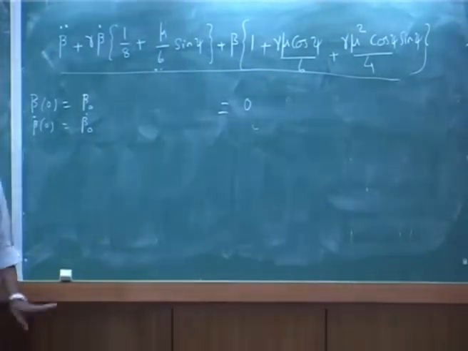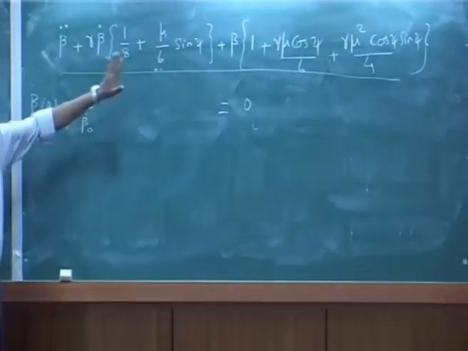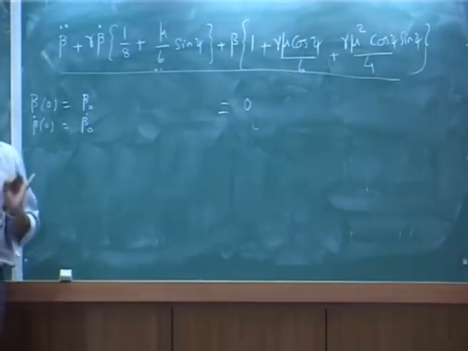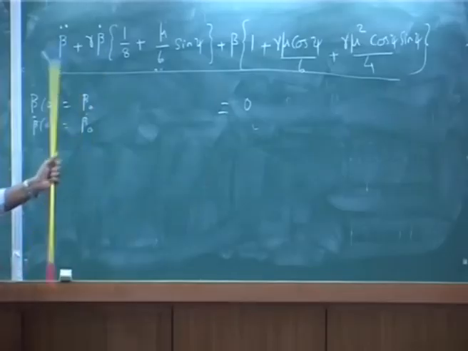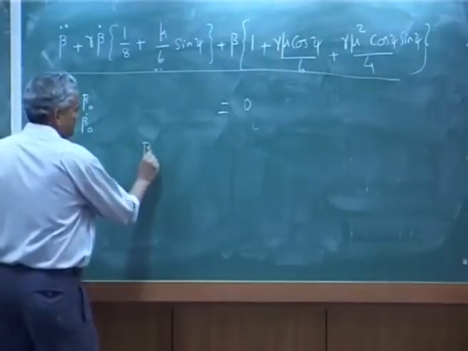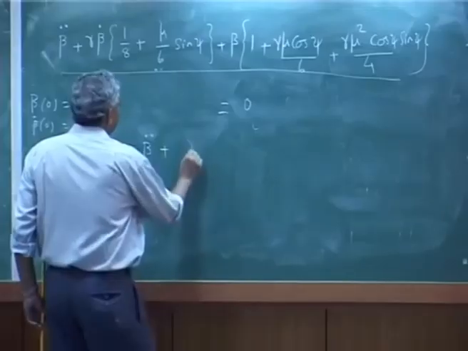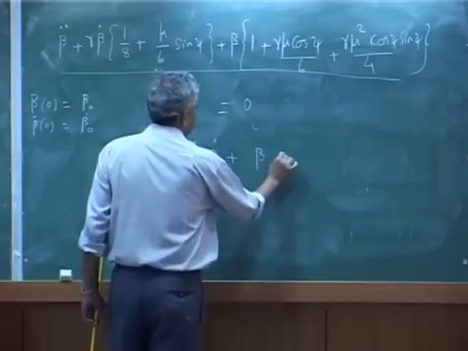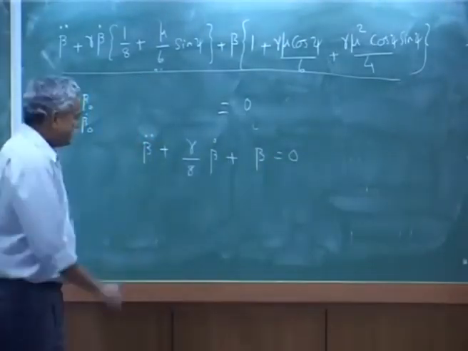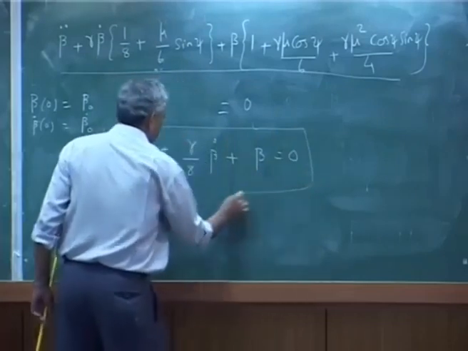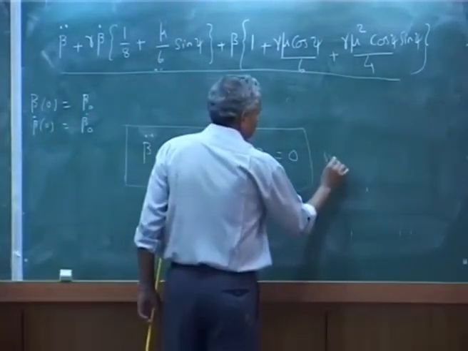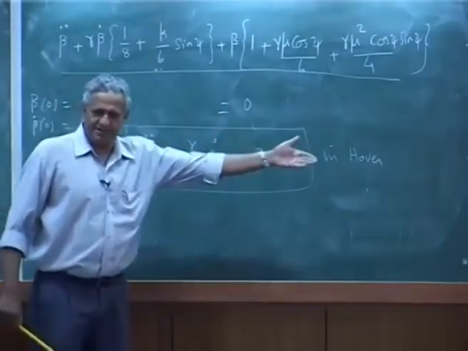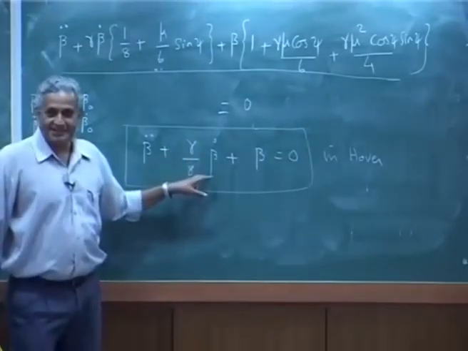Okay. What will happen is suppose mu is 0. Assuming mu is 0, that means it is in hover. Okay. What is the condition? Your equation is beta double dot plus gamma over 8 plus right? This is my flap equation in hover. Just no external load. Of course, gamma over 8 is the damping term.